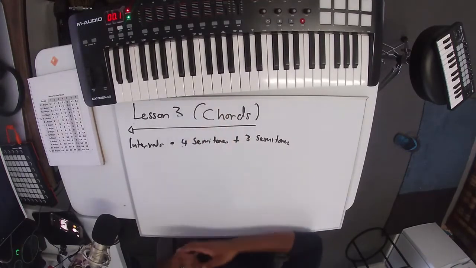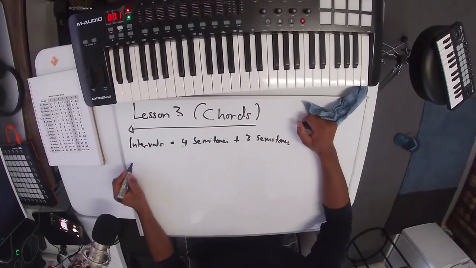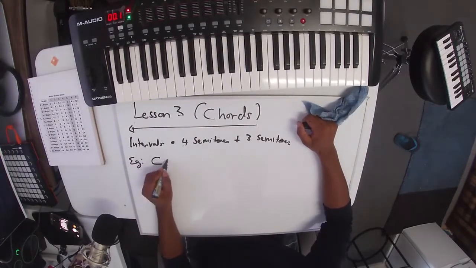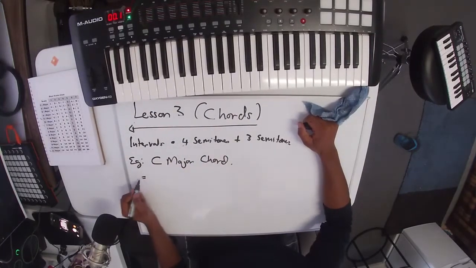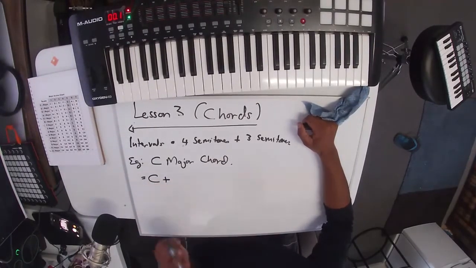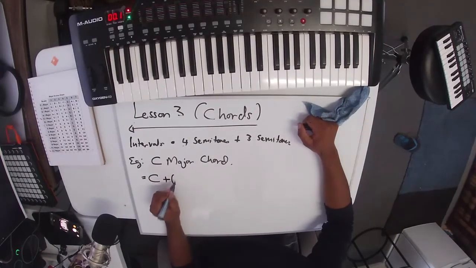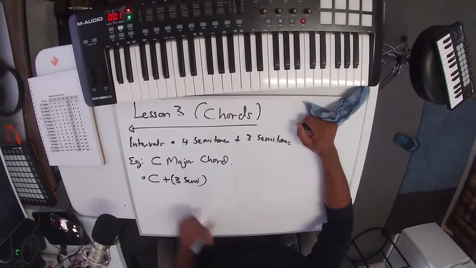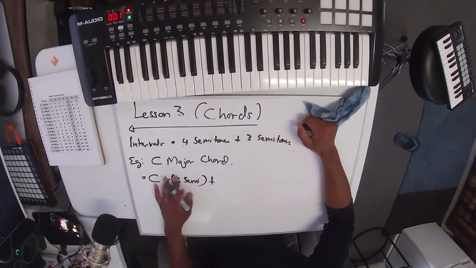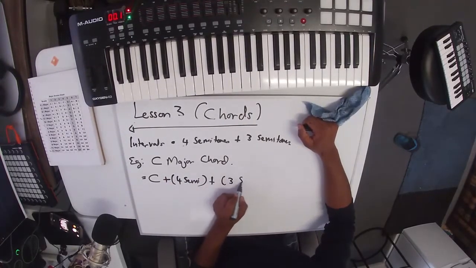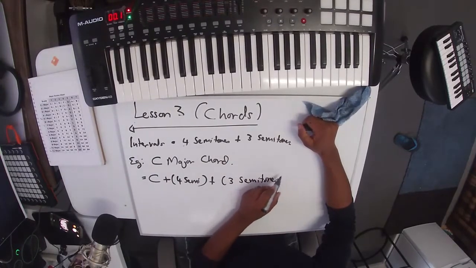So for example, a C major chord will be C, that's the first note, and then we're going to add 4 semitones to get to this note, and then we're going to add 3 semitones to get to the other one, right?